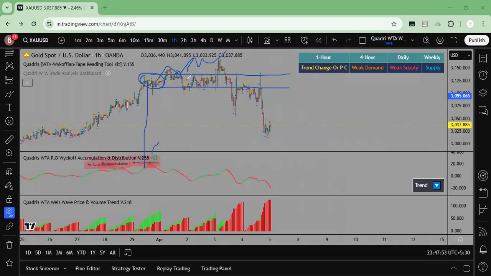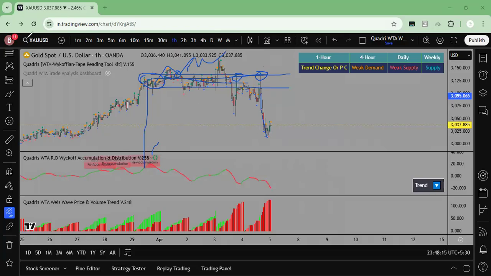But instead of that, it later on got converted into a distribution kind of a thing. And if you watch closely, this was the last liquidity hand. This was the second last liquidity hand. And after that price started plunging downwards.